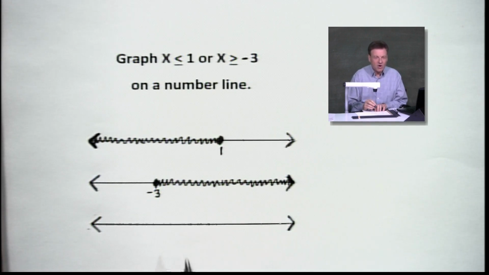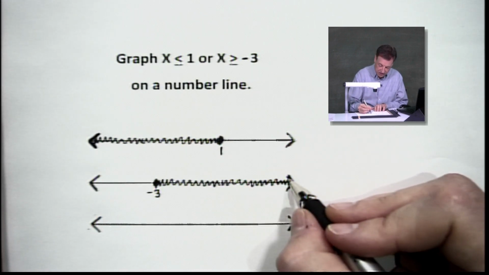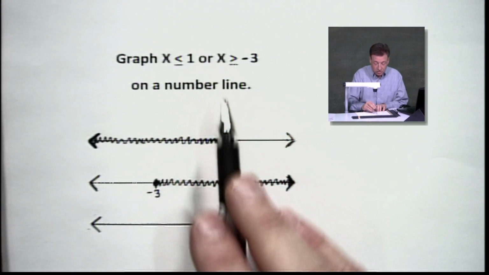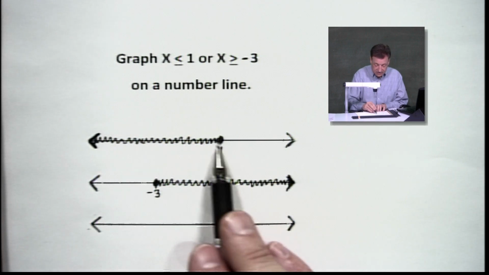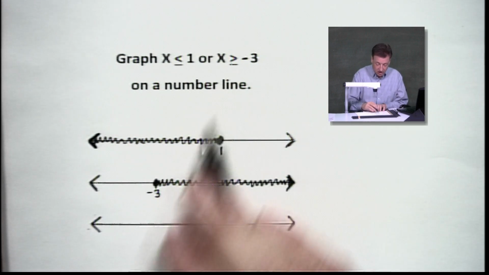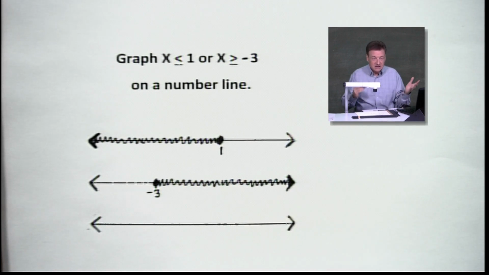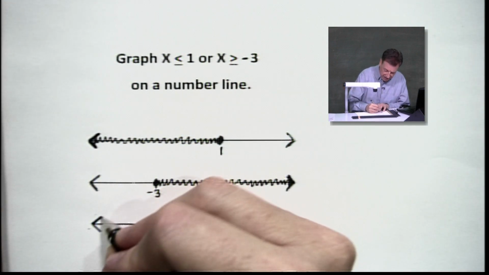So what we've got going here is an or. So that means I'm going to pick up any numbers that are less than or equal to 1. Well, that's all these guys. And greater than and equal to -3. That's all these guys. Goodness, we've covered the whole number line. The whole thing is there. This is a crazy answer? Well, it can be.